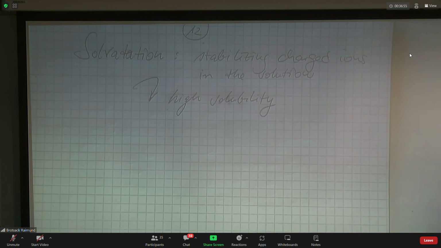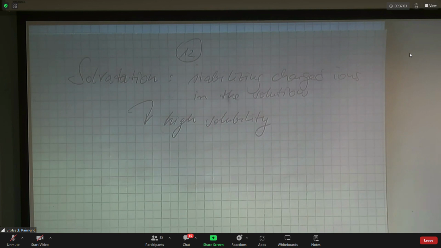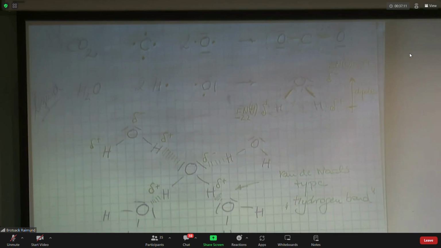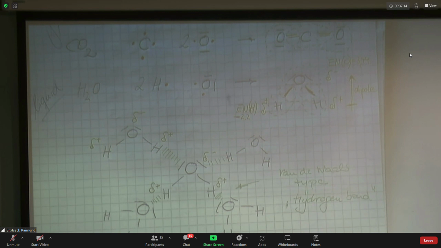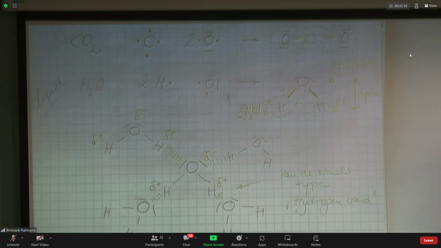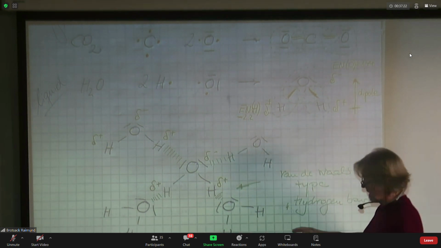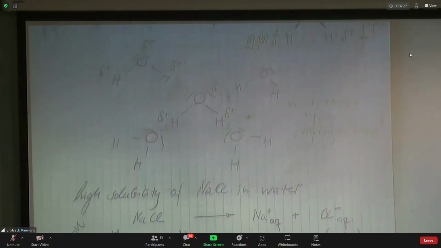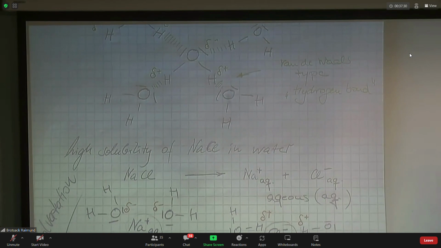So, what we stopped with last week was talking about the solvatation. Solvatation was what we discussed at the end of our lecture. We had the hydrogen bridges, which are a van der Waals type of bond. And we talked about the solvatation, which is another aspect, and the water structure helps to solve ions.